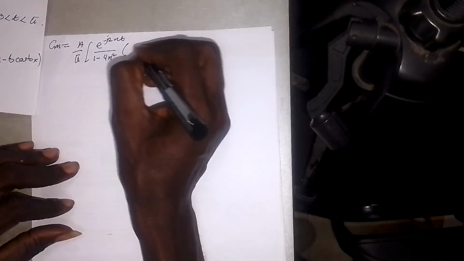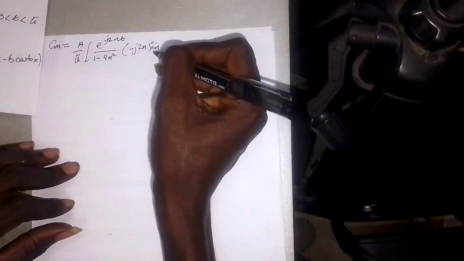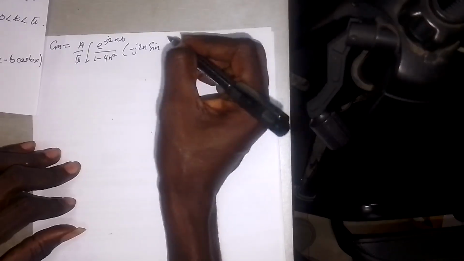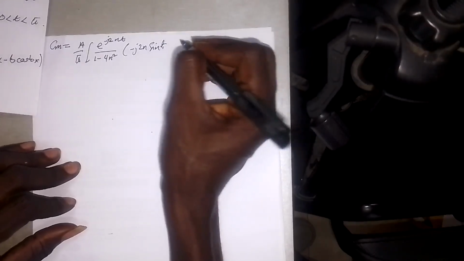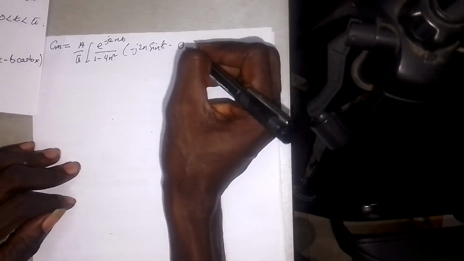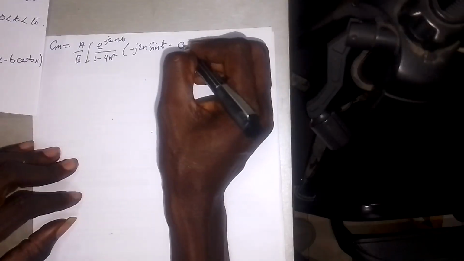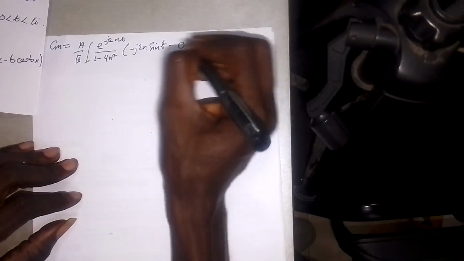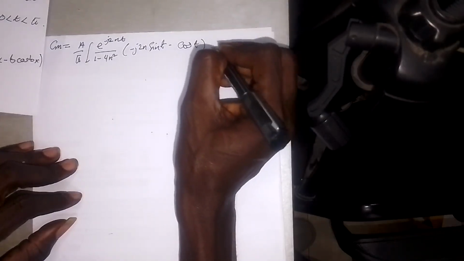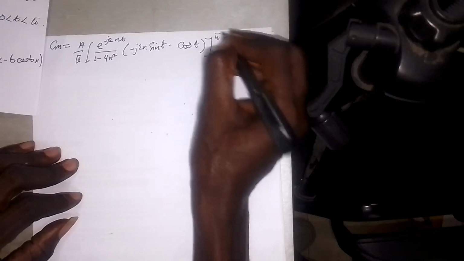So here I'll have minus j2n sine bx, where b is 1 and x is t, so sine t, minus b cos bx, where b is 1 and x is t, so cos t. So this is what you're going to have, with our limits 0 to pi.